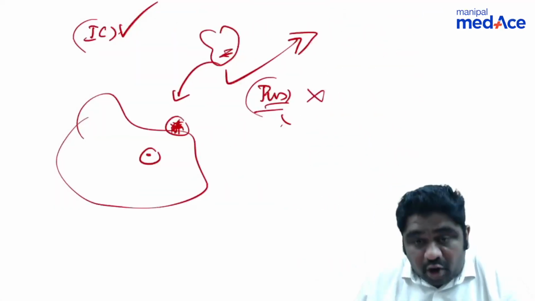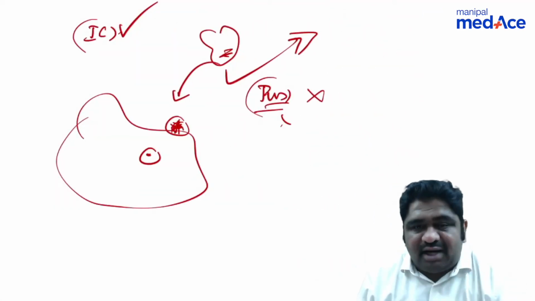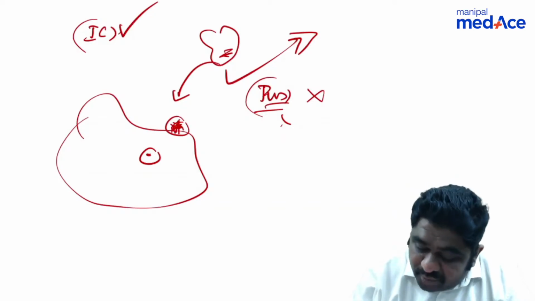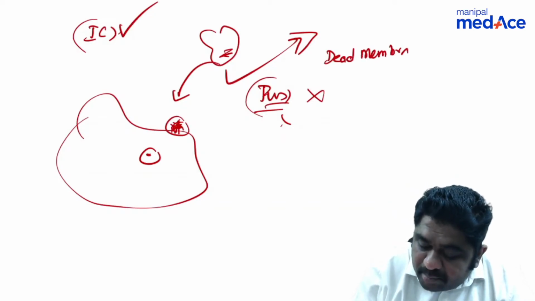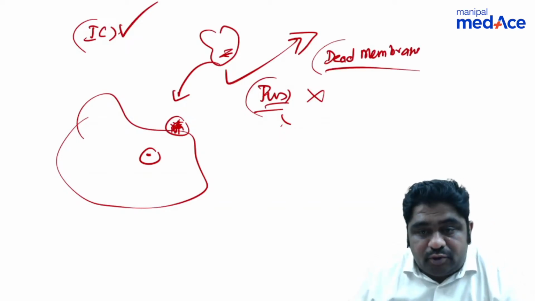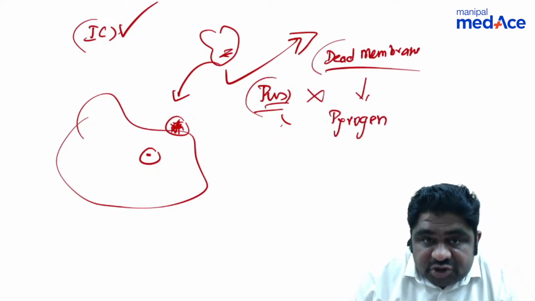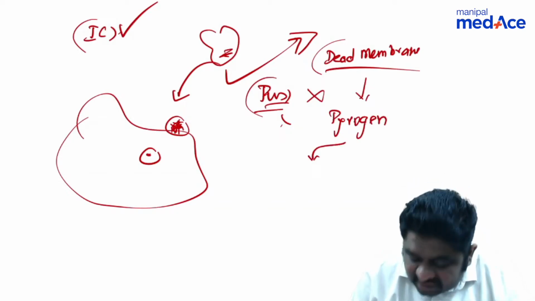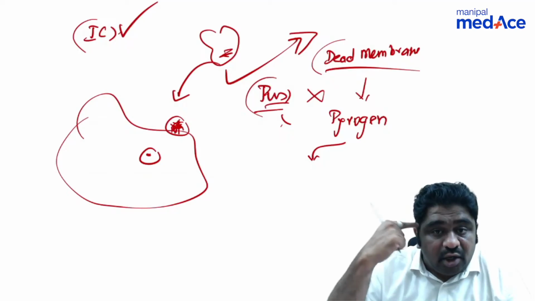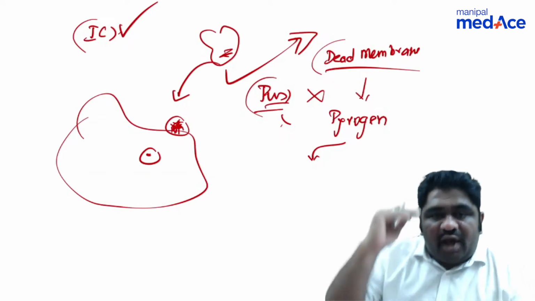When the pus is formed, it is because of the dead membrane of the neutrophil. At that point of time, you realize one thing: the dead membrane of a neutrophil is a very strong pyrogen. Pyrogen means generating pyrexia. It means they are capable of going through the blood to the hypothalamus, and they'll reset the hypothalamic thermostat mechanism to a higher temperature.